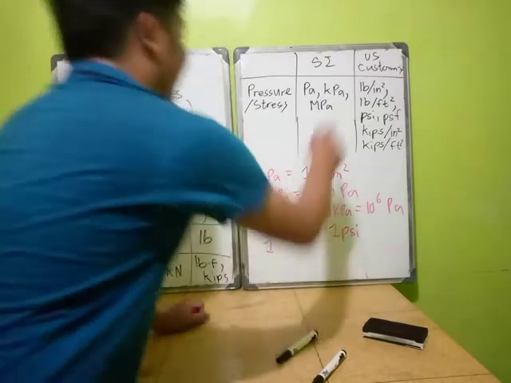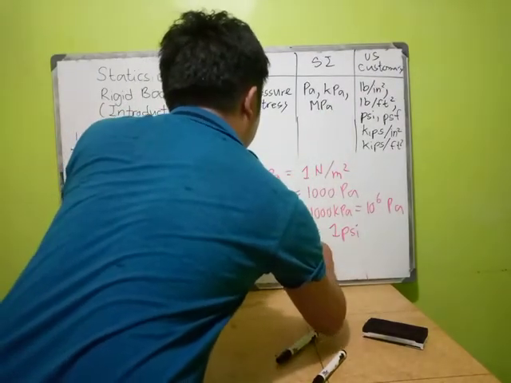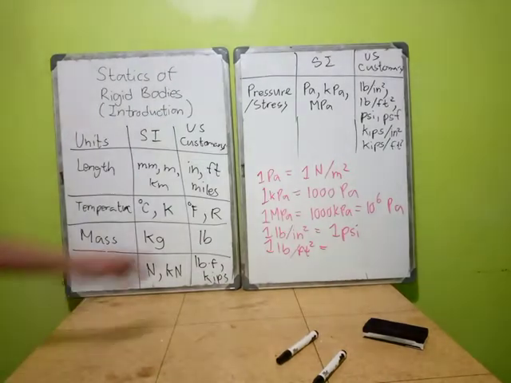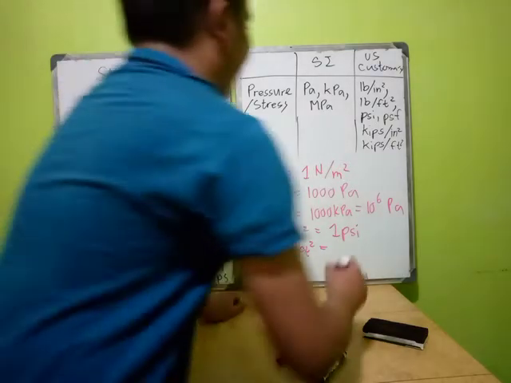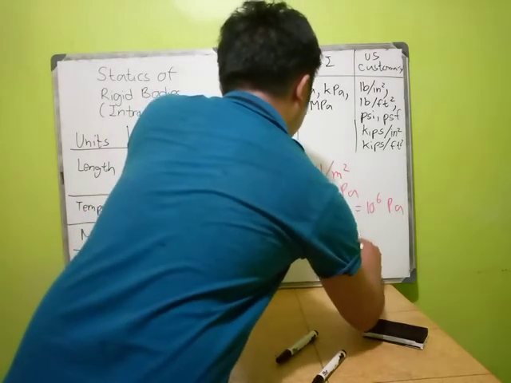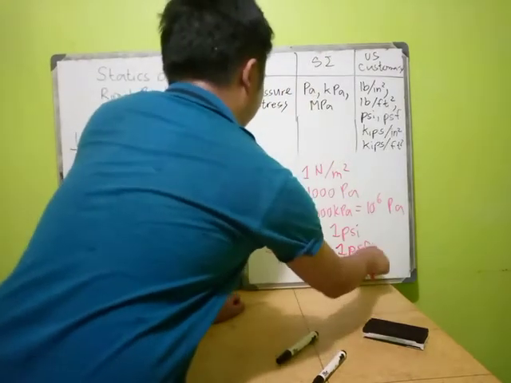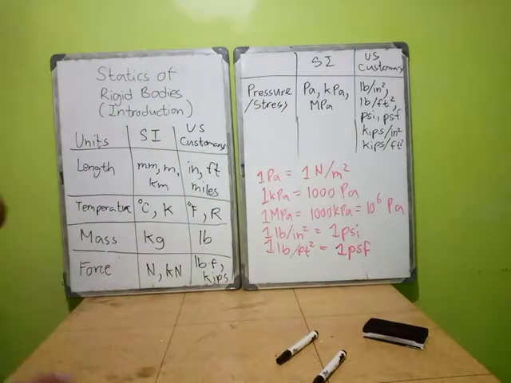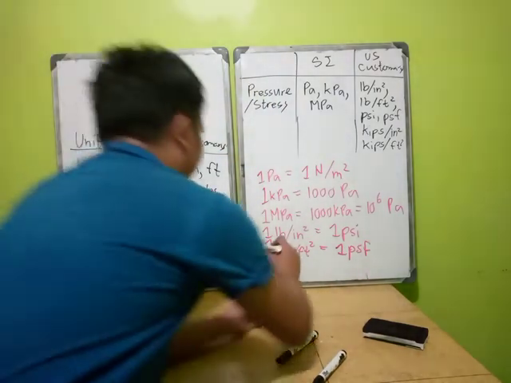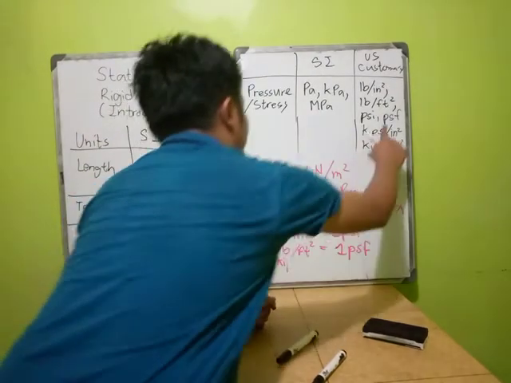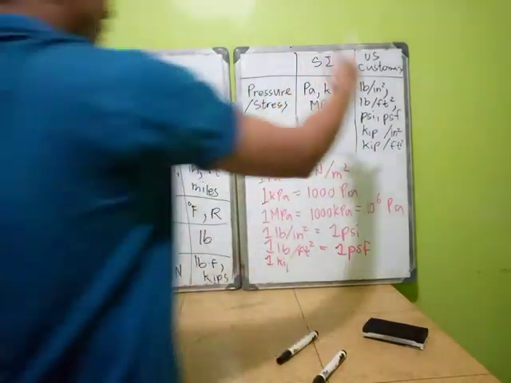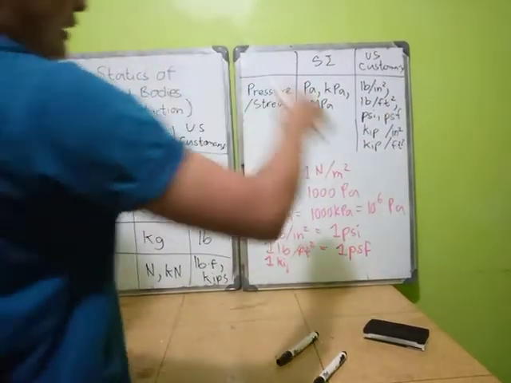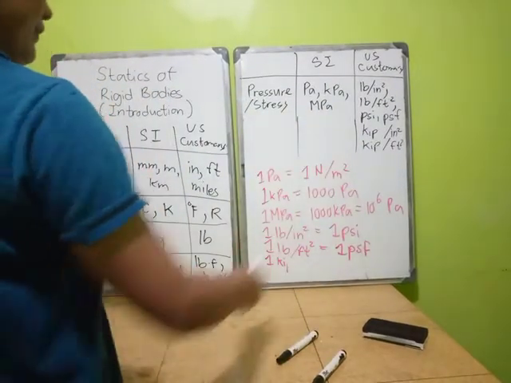Also, 1 pound per square foot is equivalent to, pwede natin pangalanan as 1 PSF, pounds per square foot. Okay, so we have 1 kip. Pag marami na, pag medyo malaki na, in plural term, we can use kips per square inch or kips per square foot.